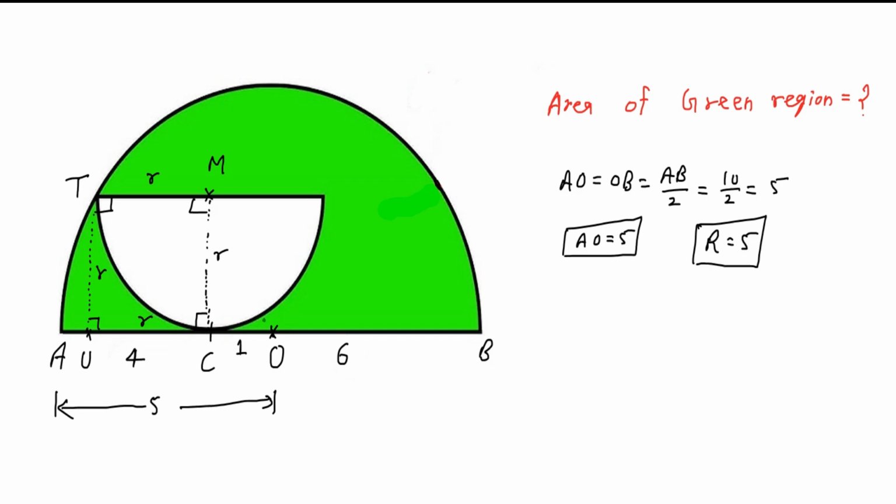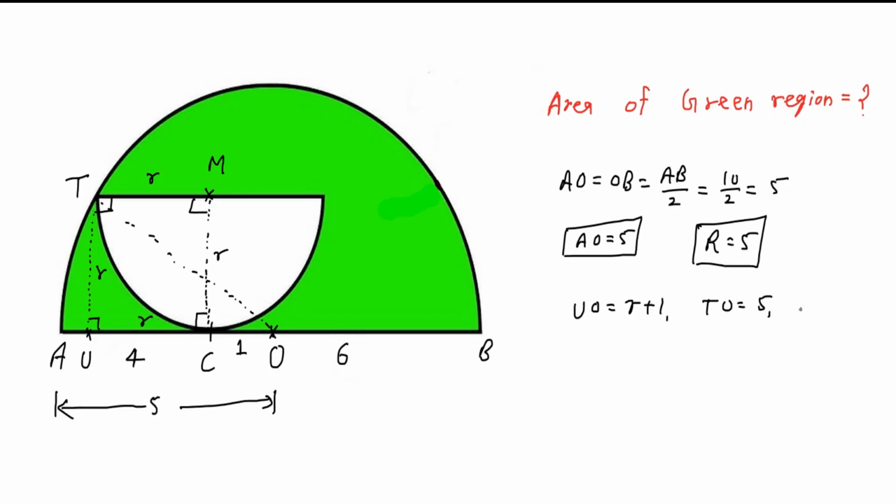So here UO will be r plus 1, and if we join T with this point O, this will be nothing but the radius of the bigger circle. That means TO will be 5 units of length.